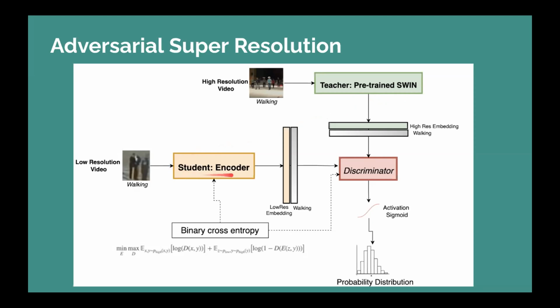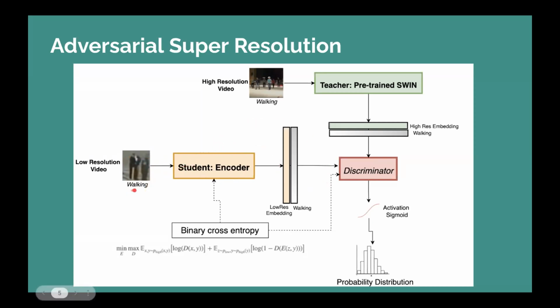And we take a student video classification network like VideoSwin or ViViT. We pass a high resolution video from the Kinetics dataset to this VideoSwin network to get an embedding. And we pass a low resolution video sample from Tiny Virat to the student network to get its embedding.